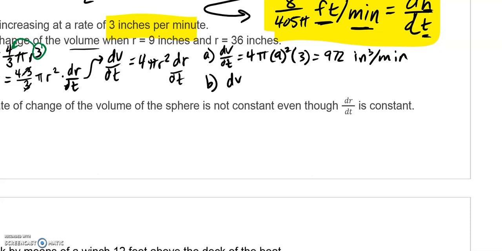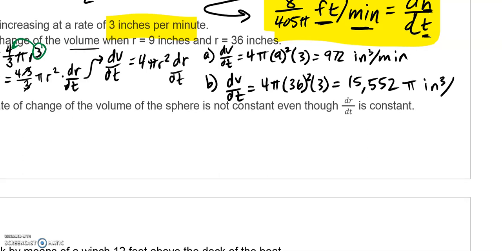And part B, our change in volume with respect to time, is 4 pi times now 36 squared times 3. And that is 15,552 pi, and that's inches cubed per minute as well. Okay, so those are our two answers. This one when the radius is 9, and this one when the radius is 36.